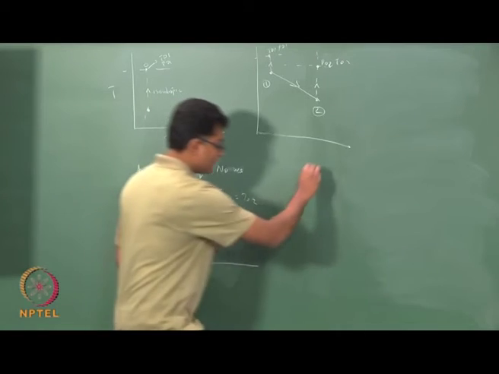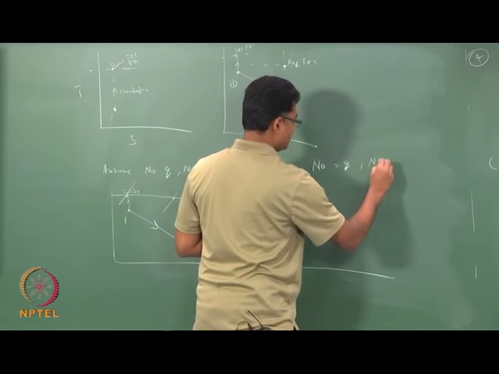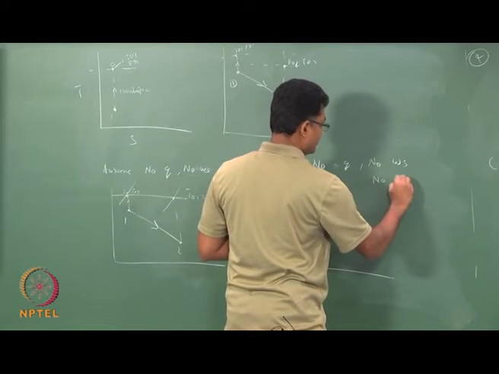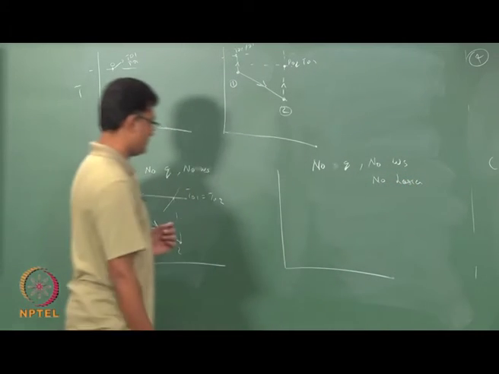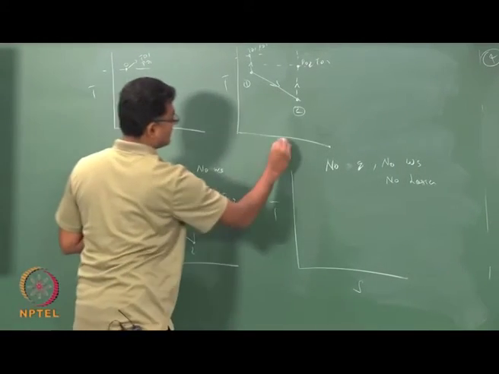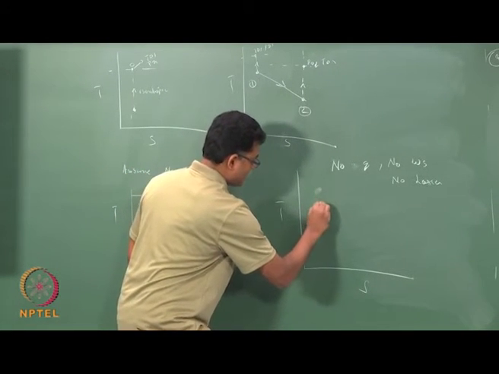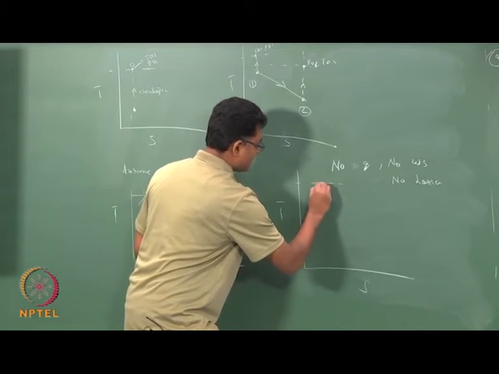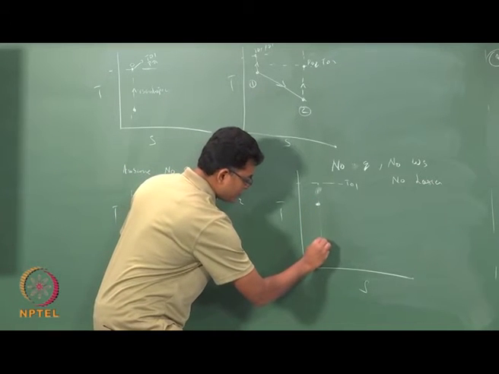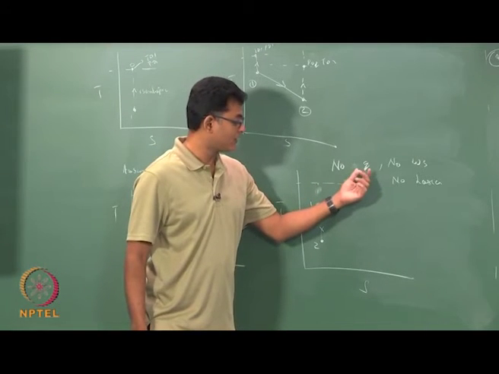Okay. Now, if I also assume my losses to be 0, no Ws and no losses. Okay. So, in the TS diagram, process 1 will have a stagnation state, and is taken to a state 2 isentropically, okay, with no shaft work, no heat transfer and no losses.